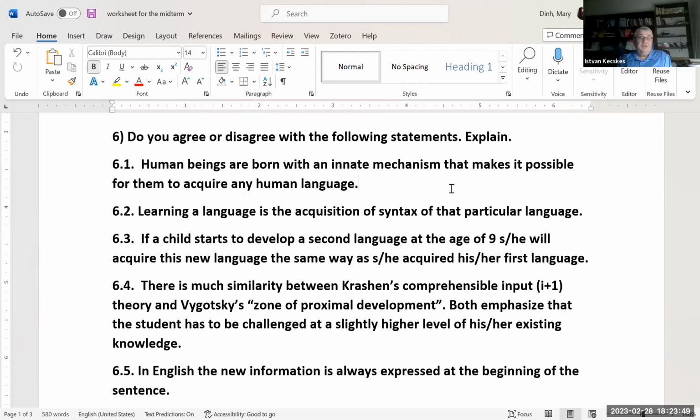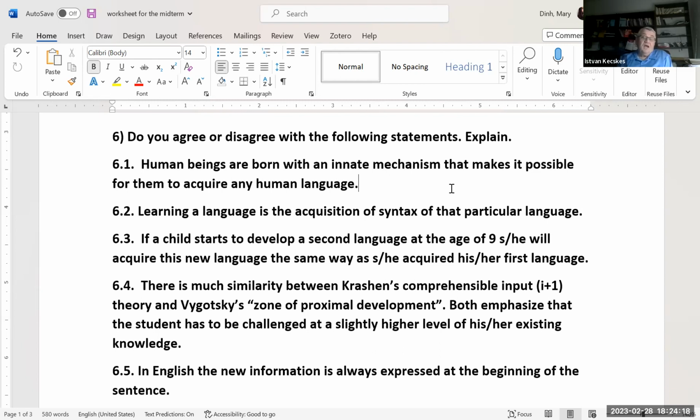But if you say, I agree, you can say that I follow the generativists who emphasize that the only reason why human beings can develop any human language is because they are pre-wired somehow. So they have some kind of innate mechanism that is triggered after the birth by the environment, and then they develop the language that is used in that environment.